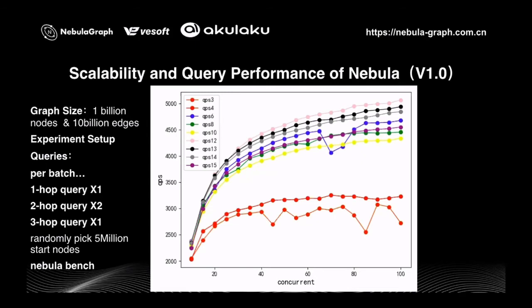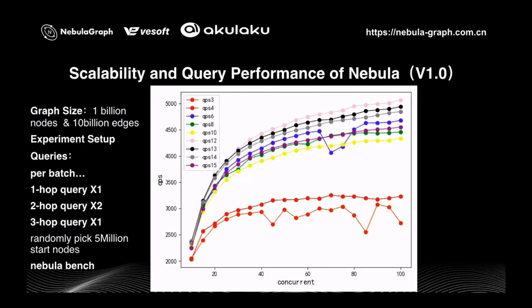This is our graph size. It has 1 billion nodes and 10 billion edges. And the queries don't look very difficult. We perform our queries in batches. Each batch has 3 types of queries: one 1-hop query, two 2-hop queries, and one 3-hop query.